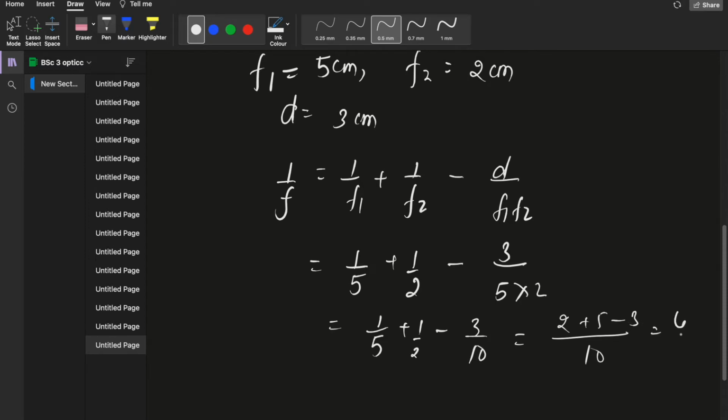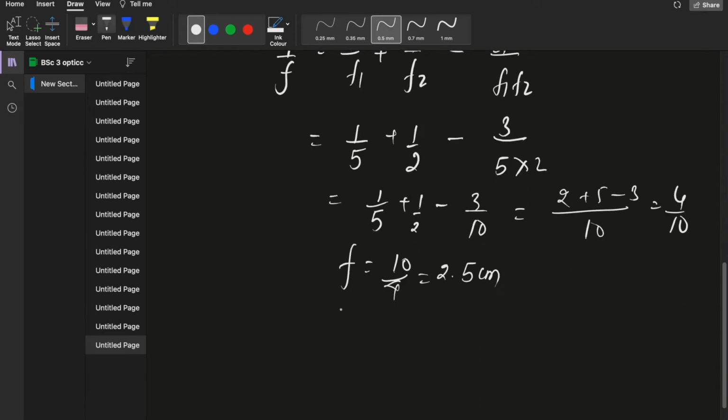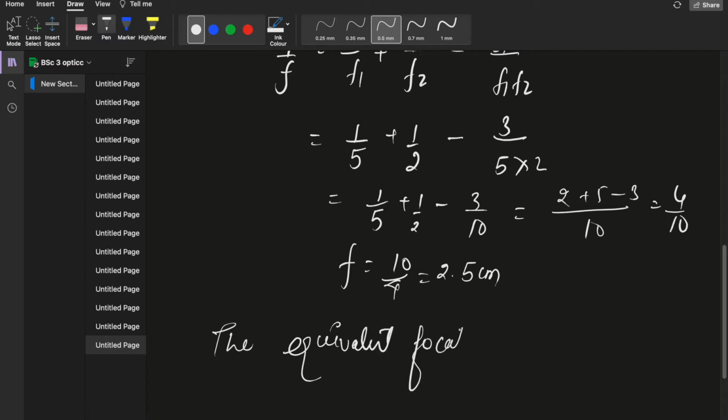So this is 4 upon 10. Alright, so the equivalent focal length is 10 upon 4, which is 2.5 centimeter.